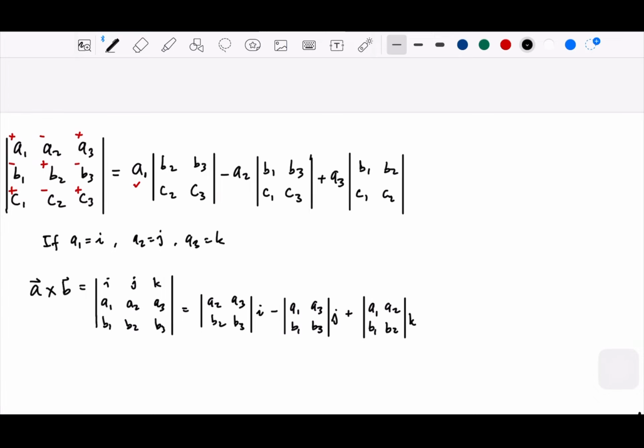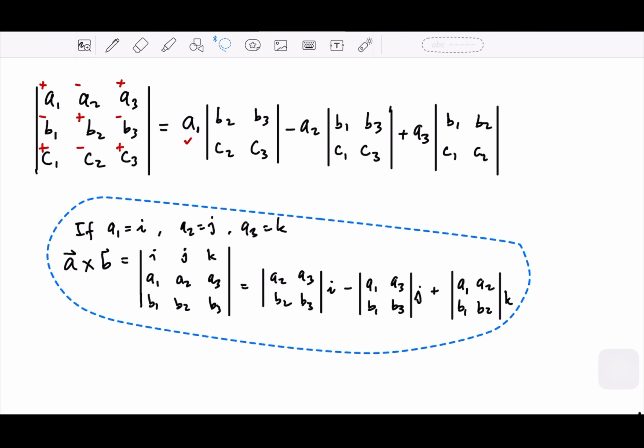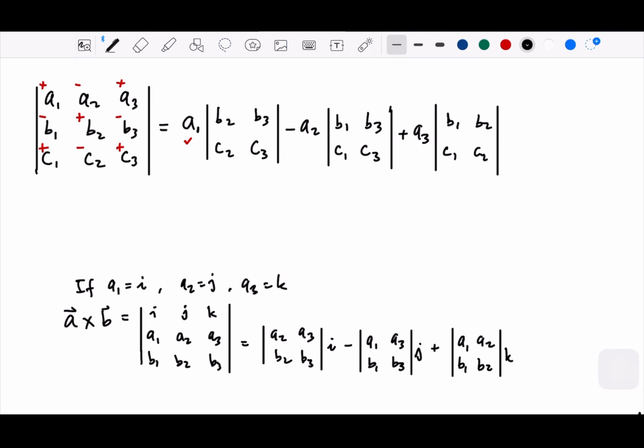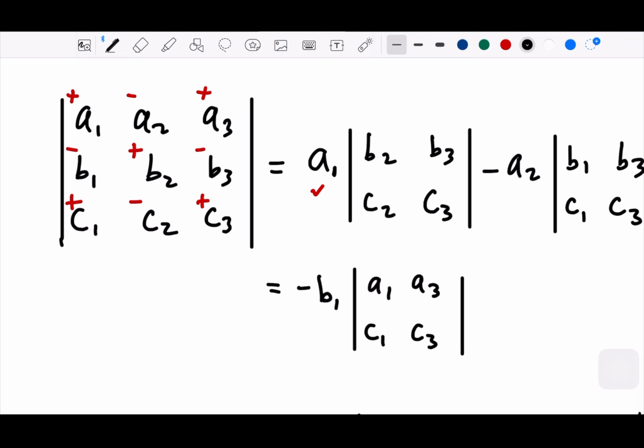Okay, now we can also do it through this B1, B2, B3, C1, C2, C3. For example, if we take B1, the first one will be negative B1, and we are going to cover this part. So we are going to have A2, A3, C2, C3.